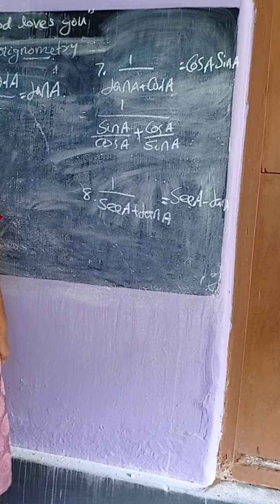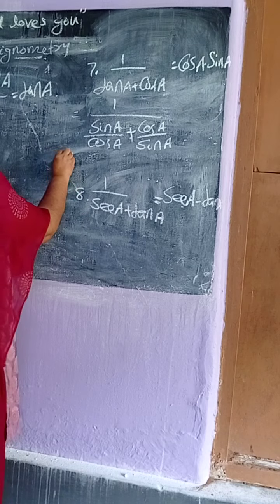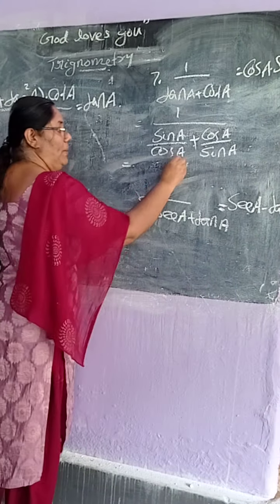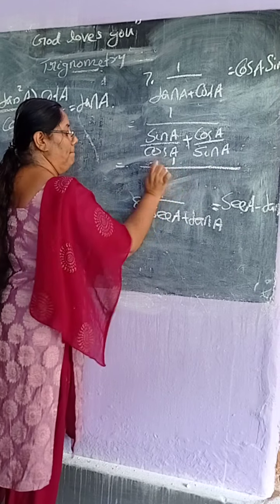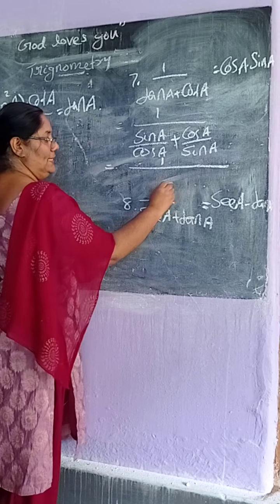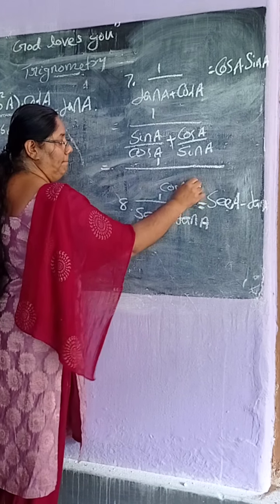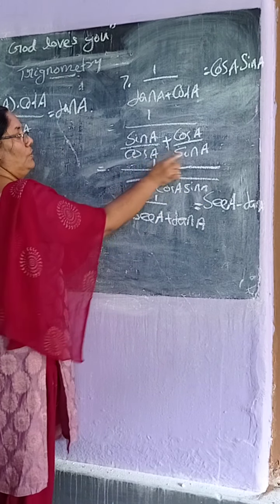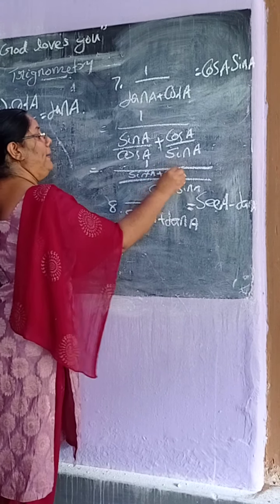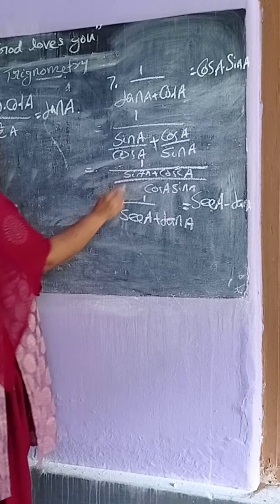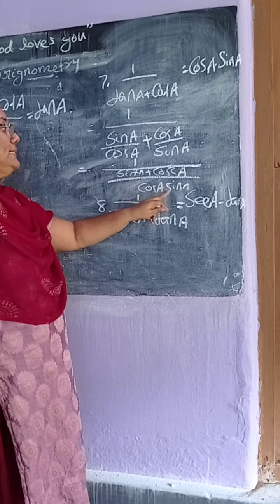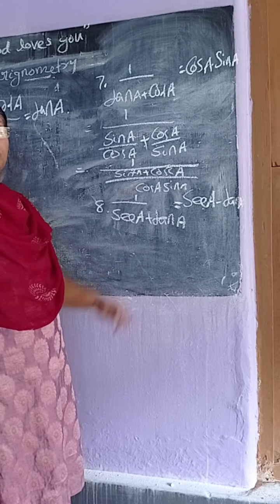Just substitute the values. Now 1 by, taking the LCM, cos A sin A, sin square A plus cos square A, so 1 by sin square A plus cos square A by cos A sin A. What is sin square A plus cos square A?